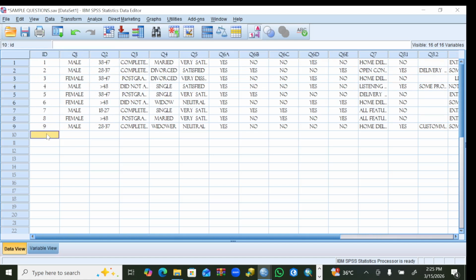Then you come to the last, let us take 10. Say this one is female, more than 48, school did not attend, married, she's neutral, she selected tea and coffee.